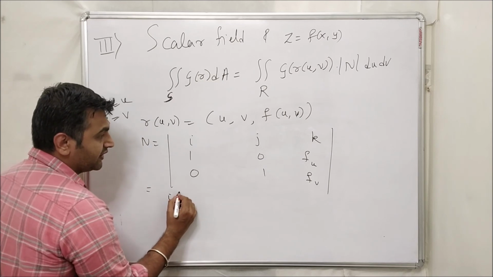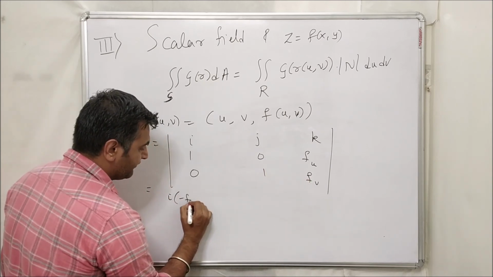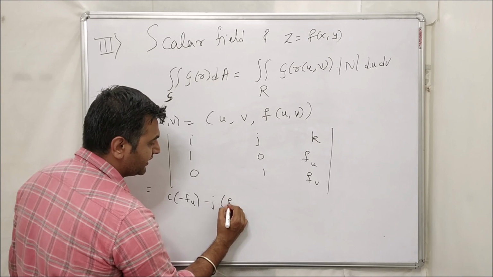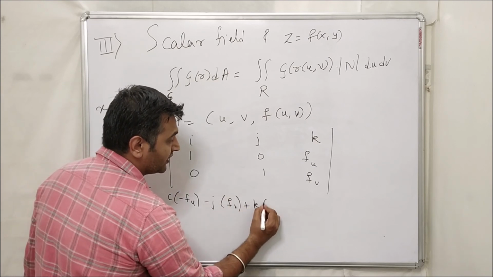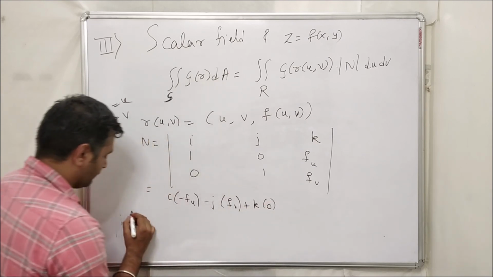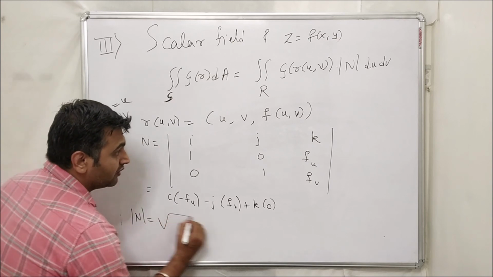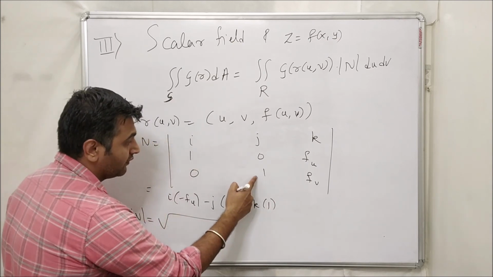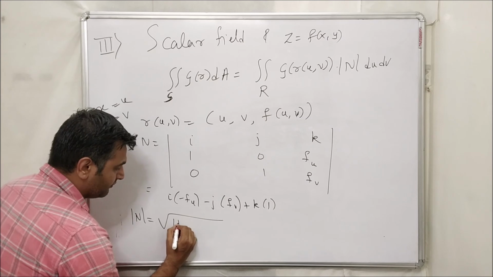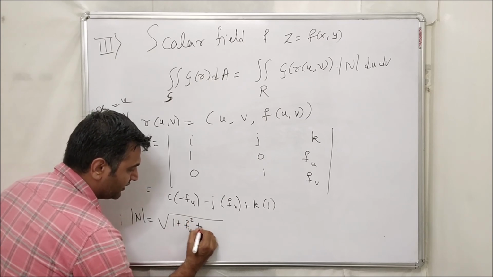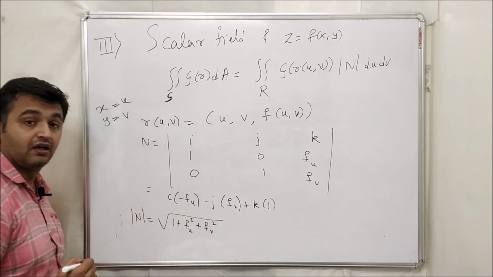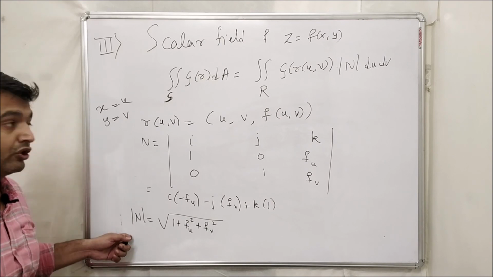This gives i times minus f with respect to u, minus j times f with respect to v, plus k times 1. So what is mod of the normal vector? It is the square root of 1 plus f with respect to u squared plus f with respect to v squared.